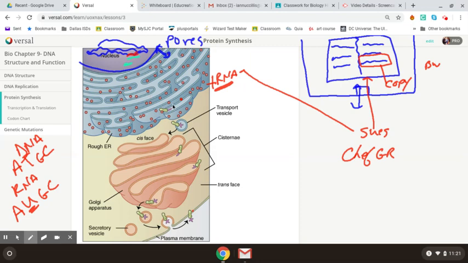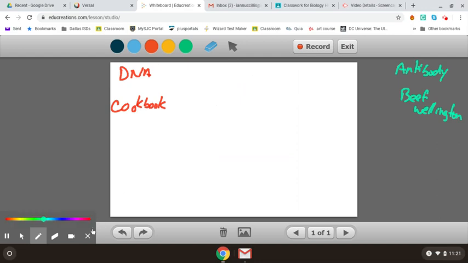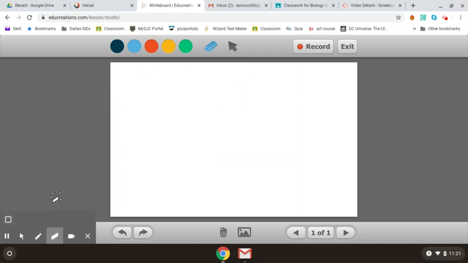So this copy that it makes, it's going to read the letters of the DNA, and it's going to make a copy. So let's go over here to my whiteboard. Let's make believe that we are going to be looking at the DNA code, right? So here's my antibody code, of my DNA antibody code.